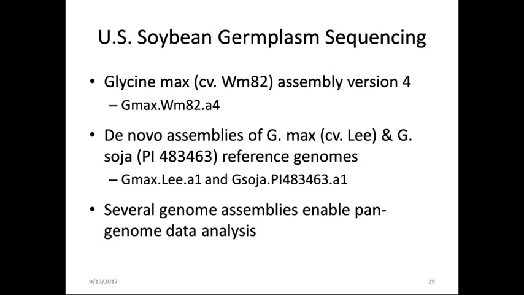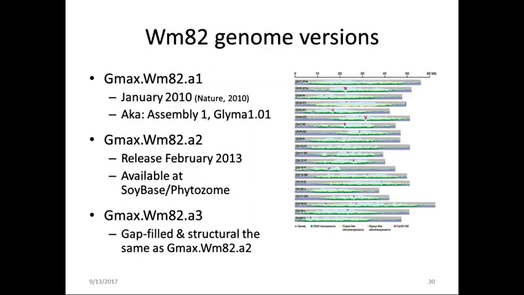Through this project, their goal is to make a new reference assembly for Glycine max, new reference genomes for the Glycine max cultivar called Lee, and new soybean soja reference genomes, with the overarching goal of starting to do a pan-genome data analysis with all these different genomes.